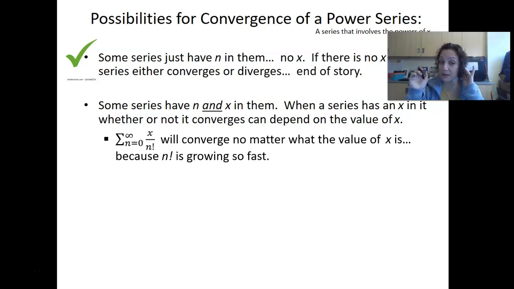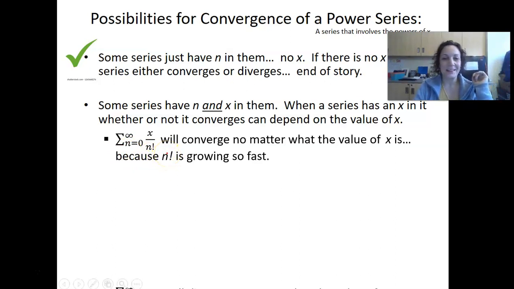An example of that is the series X to the N over N factorial. Factorial growth is the fastest of fastest growths, so regardless of what X is, it could be a gazillion, eventually these terms are going to go to zero and it's going to converge. We could prove that, but why should we?